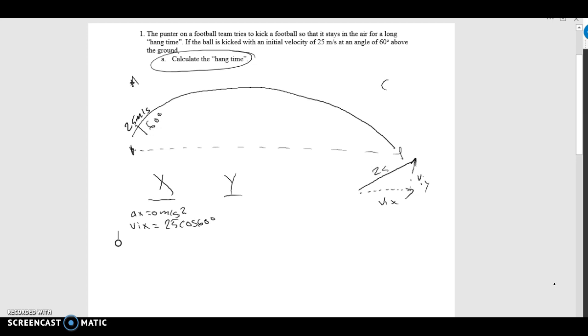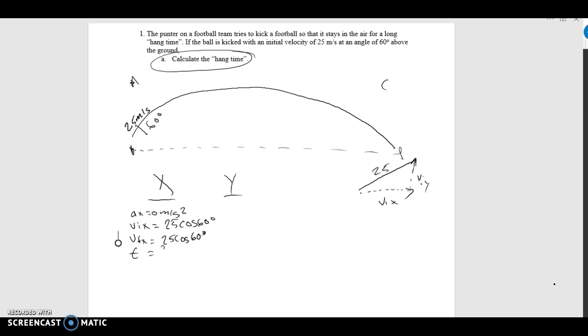This is 25; adjacent, you use cosine; opposite, you use sine. So VIX is 25 cosine of 60, and VFX is also 25 cosine of 60, since acceleration is 0.